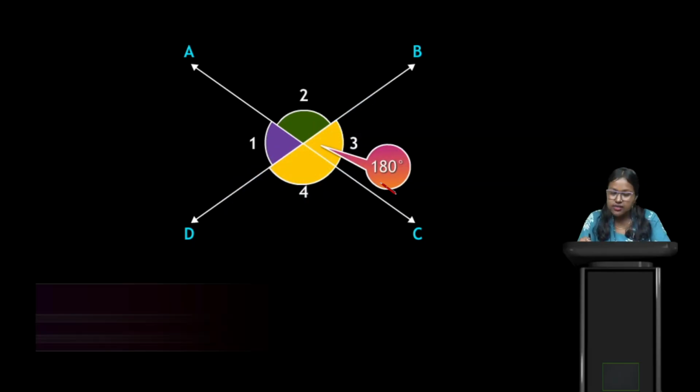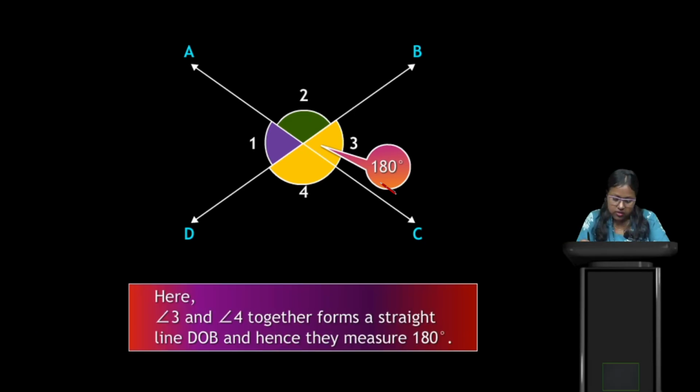That means the angle is 180 degree. Why? Because 180 degree is called the straight angle, as it is the measure for a straight line. So angle 3 and angle 4 together form a straight line DOB and hence they measure 180 degree.